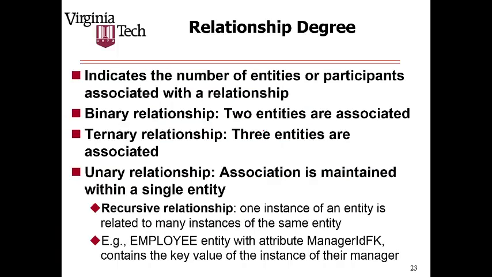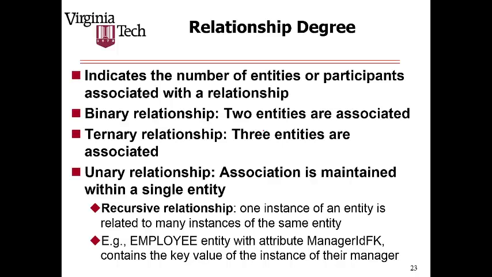Well, the degree of a relationship is the number of entities that participate in it. And so a binary relationship, which is sort of the dominant one that we will work with, and ternary relationships, also ones that we work with a lot, are different in that binary has 2 entities on the relationship, like those ones we just saw where one instance is related to many instances.